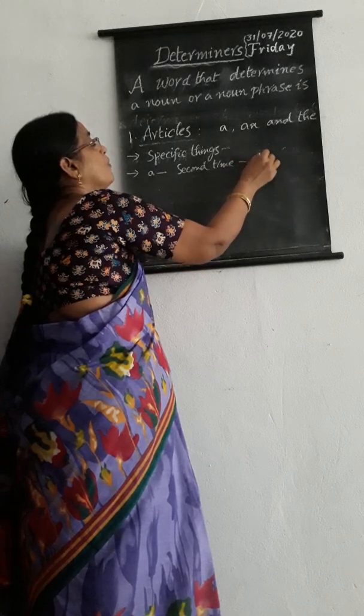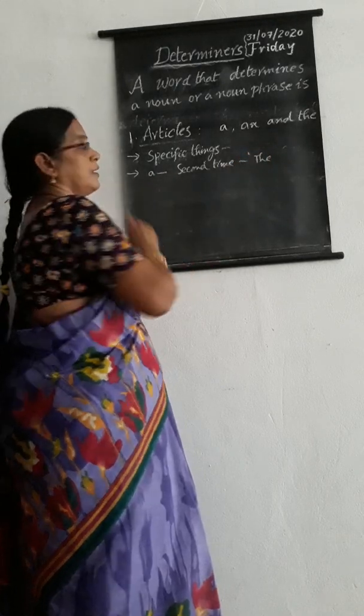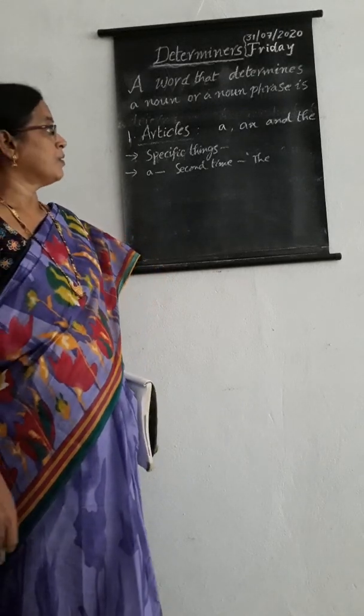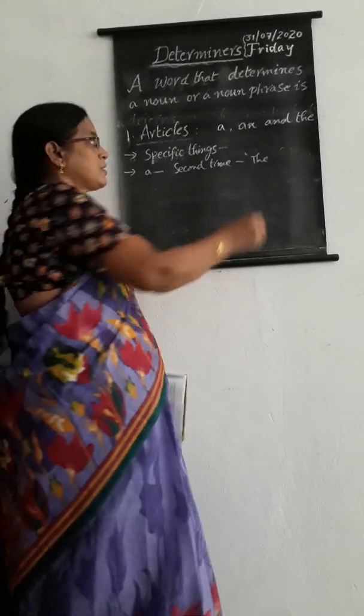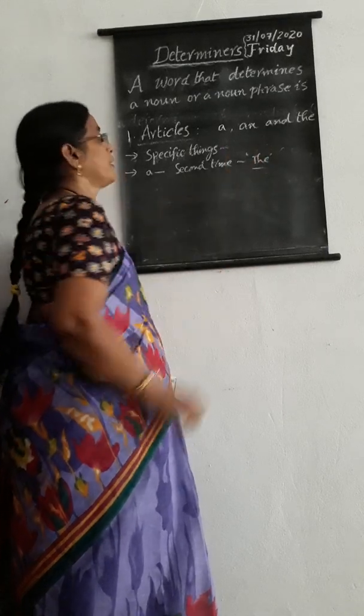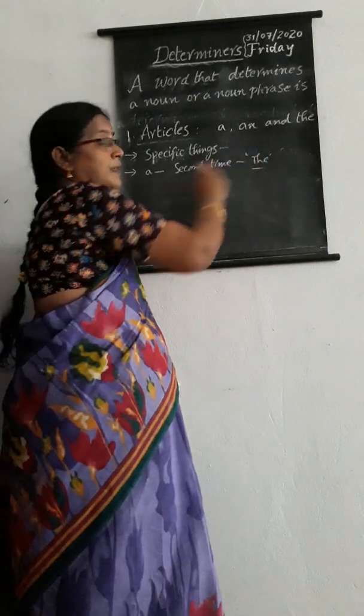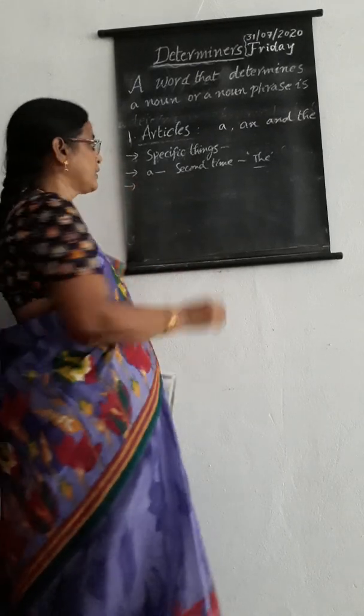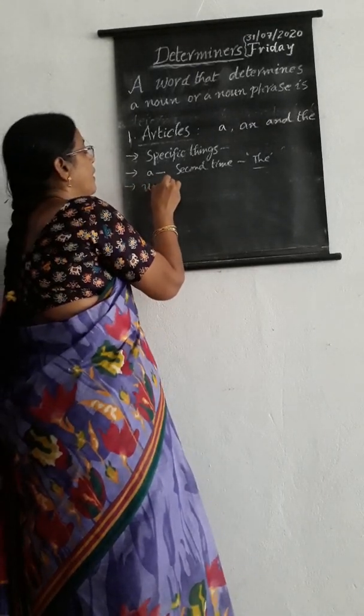Before a noun, the first time we have to use the indefinite article a. Once upon a time there was a king. The king had 7 sons. Next time we have to use the definite article the. Point number 3, before unique things we have to use the definite article the.